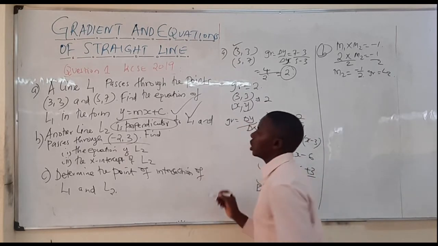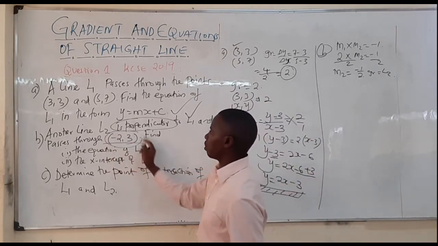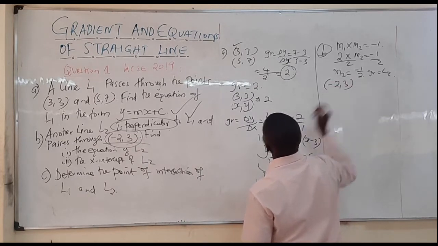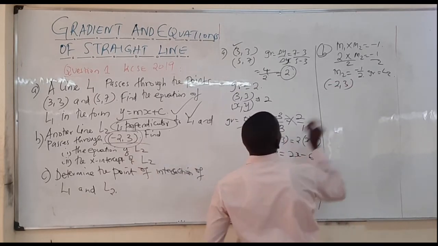Now having the gradient, and a point where the line is passing, (-2, 3), we can get the equation of that line.